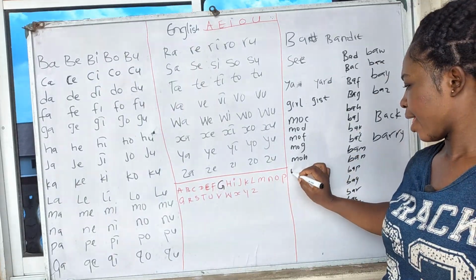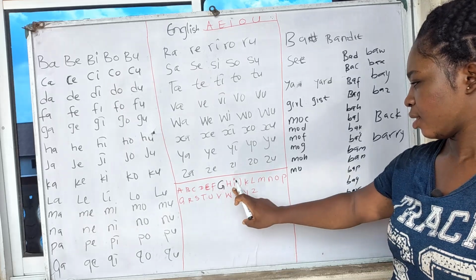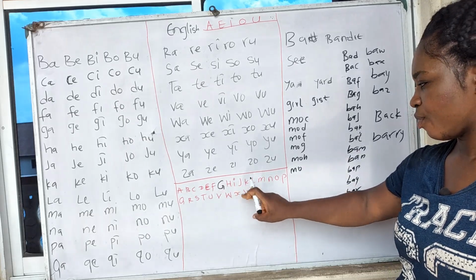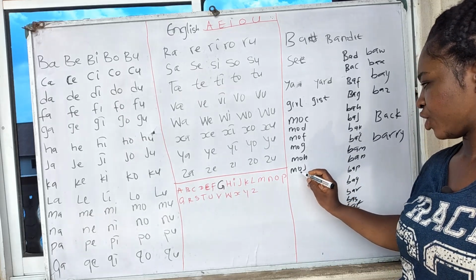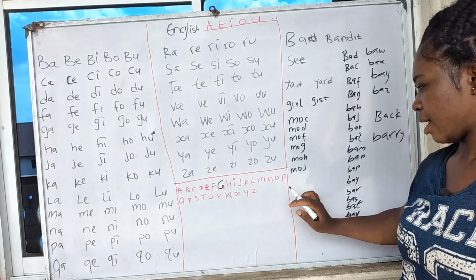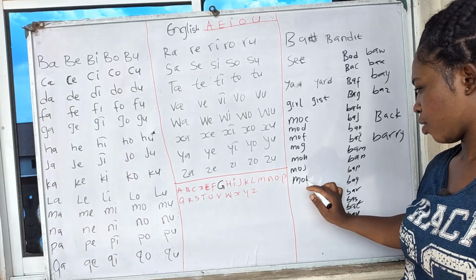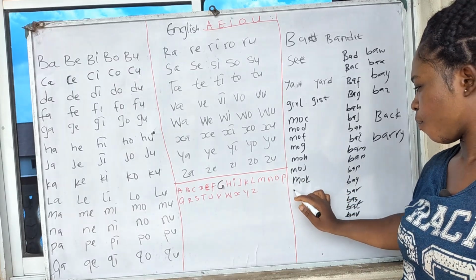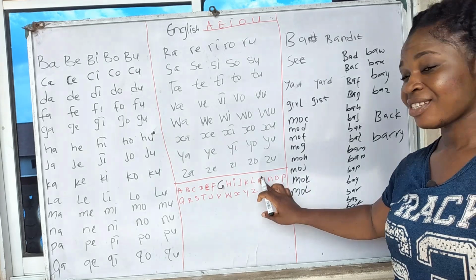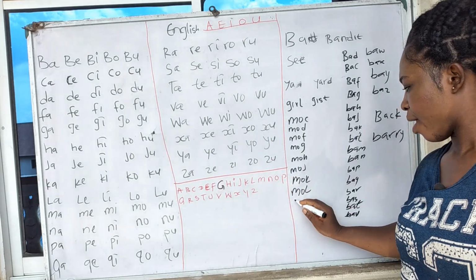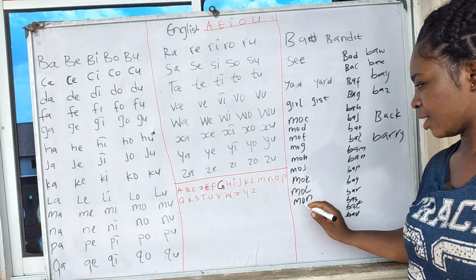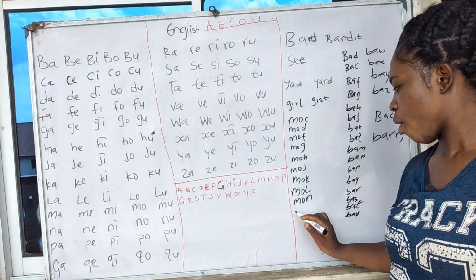We add again M, this is H, we are now working with I, move to J, have much, mug, mall.